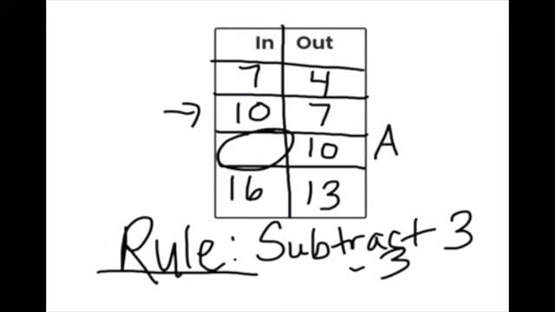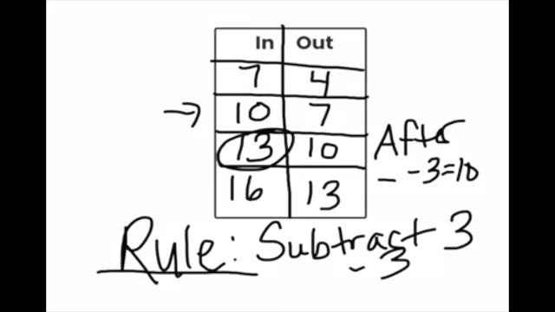So that's after I applied the rule, right? That was after I did minus 3. So blank minus 3 equals 10. What number would go in that blank? 13, right? 13 minus 3 is 10. So that is how I would fill out an input-output box when I do not know the rule.